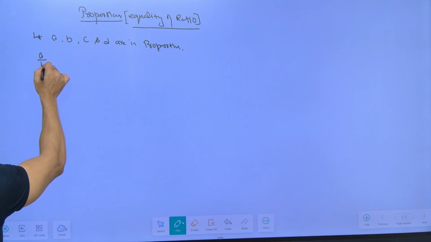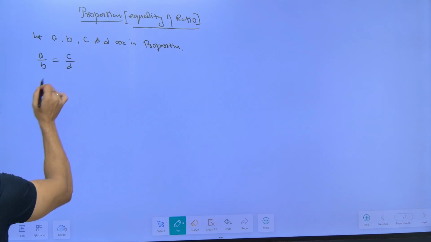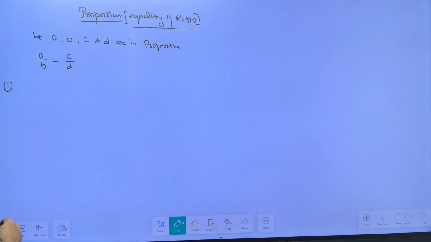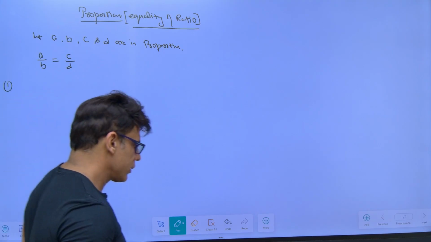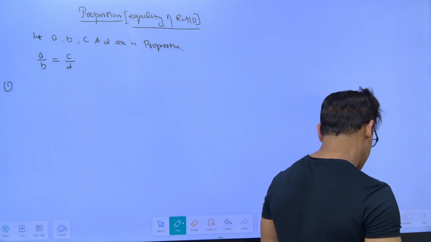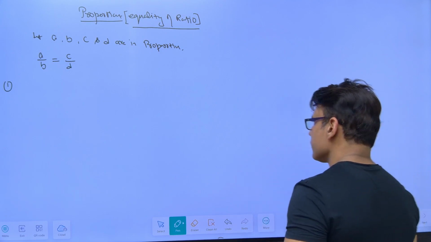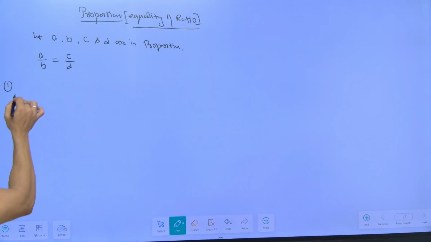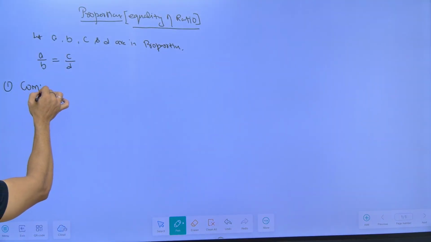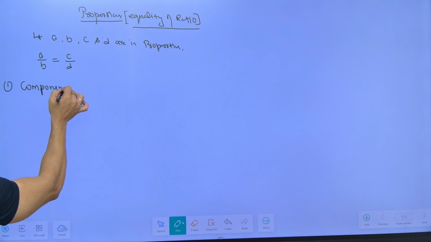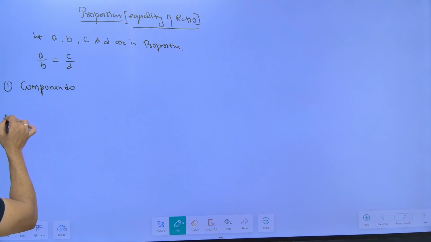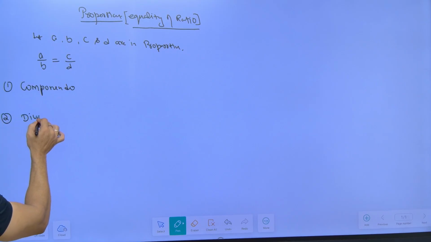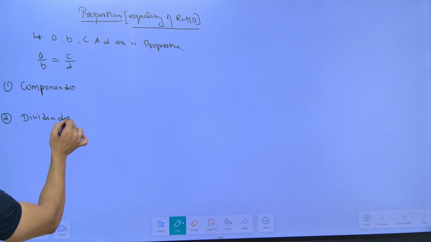Have A by B is equal to C by D. So there are five important results based on this. First of all, componendo. Dividendo.